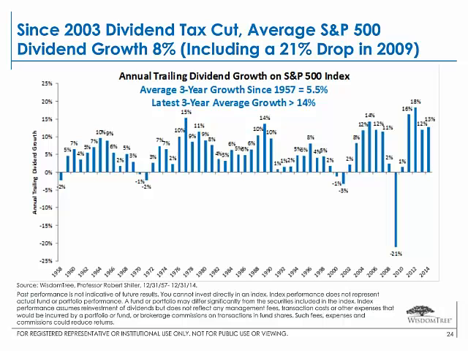And similarly amazing and remarkable is since the 2003 tax cut, the average S&P 500 dividend growth is 8% per year. So still a little under 3% per year better than the long-term average, including a 21% drop in dividends in 2009, which since the Great Depression was essentially the greatest single-year drop in dividends that we've seen.